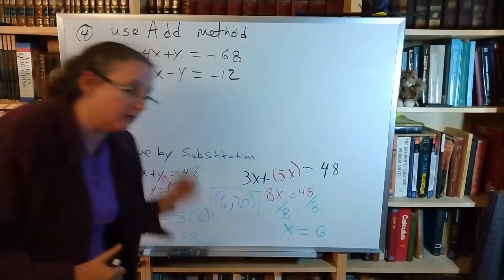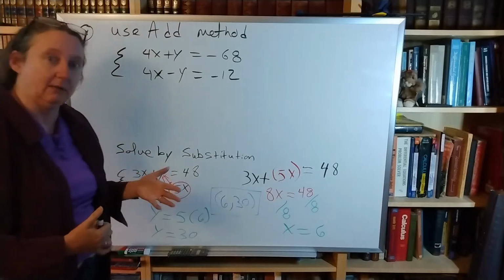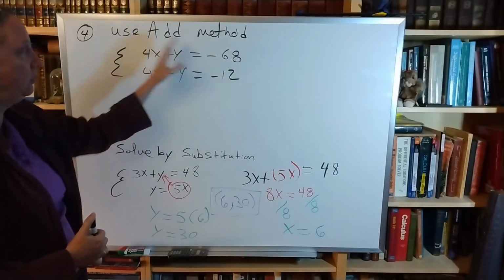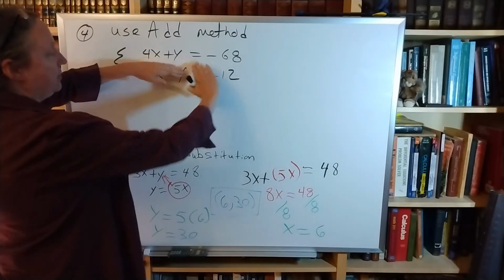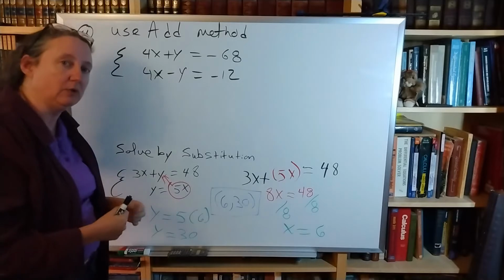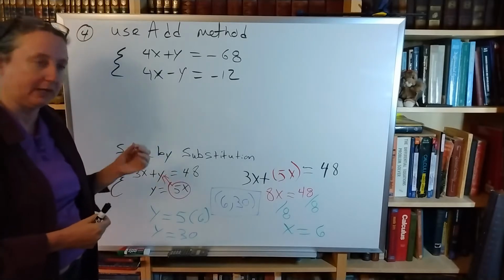So with the addition method, also called the elimination method, I want to be able to add these two equations together, that top equation plus the second equation, and I want to eliminate one of my letters, either the x or the y.